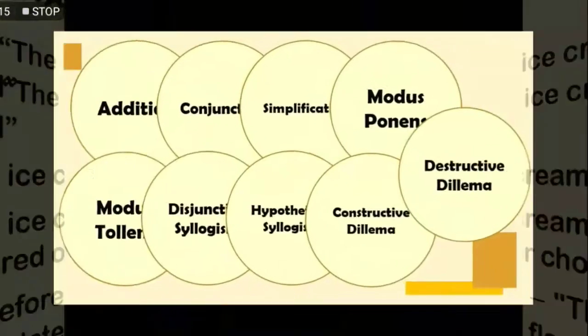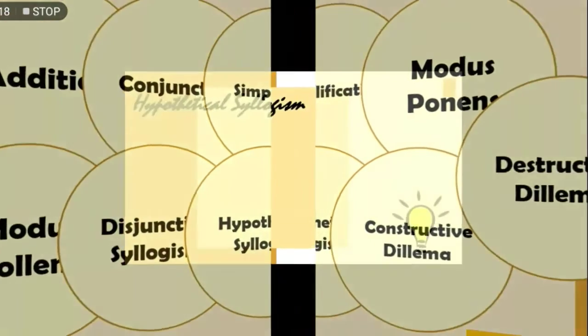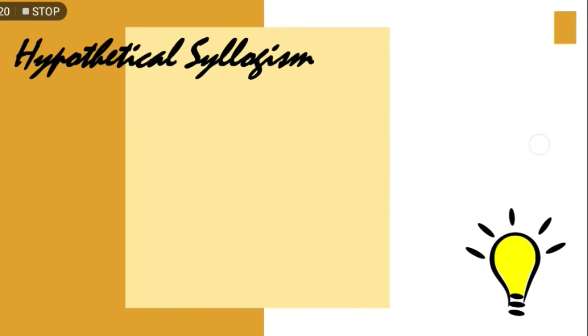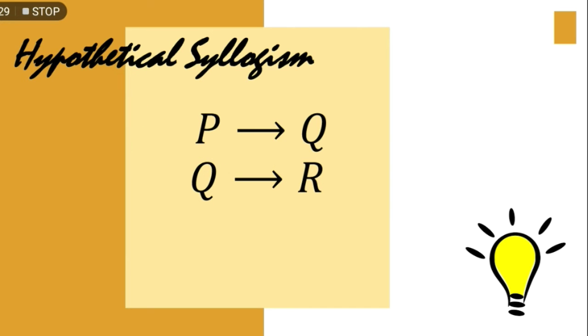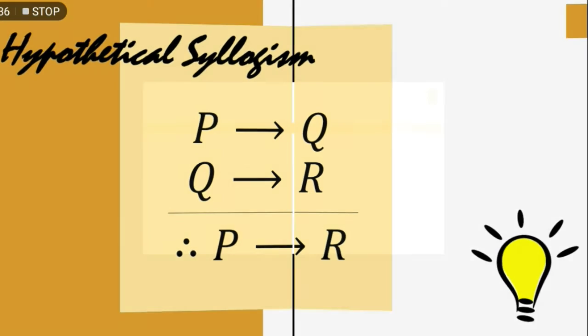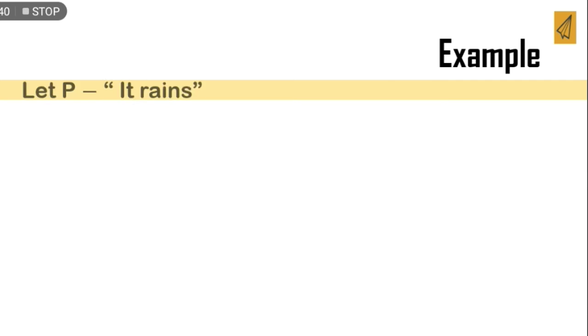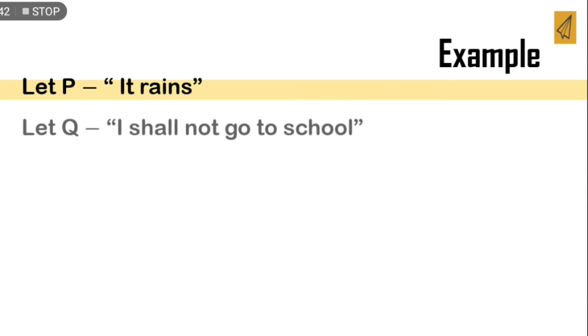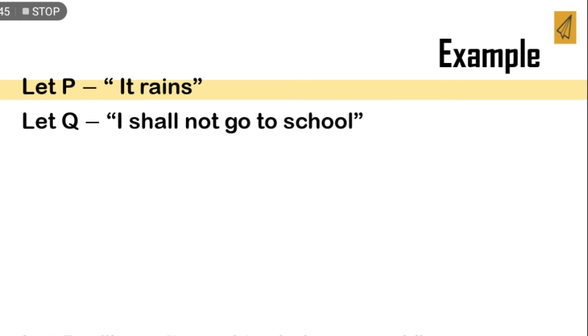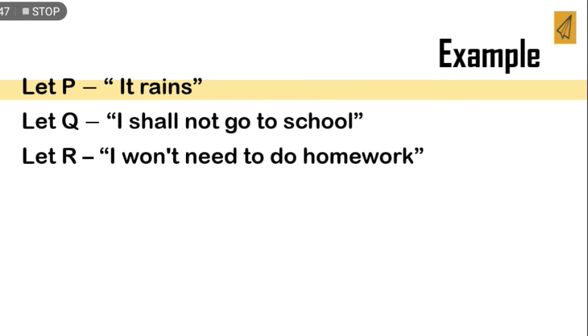The next rule is the hypothetical syllogism. If P then Q and Q then R are our two premises, we can derive P then R with the use of this rule. Say for example, let P be "it rains," let Q be "I shall not go to school," and let R be "I won't need to do homework."